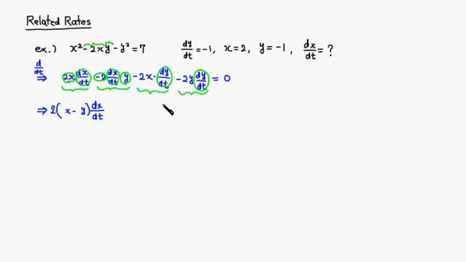So dy over dt is factored out, and also there's -2 here, and negative 2 is in common, so pull out negative 2. Then what's left is x and y, so it's x plus y, is equal to 0.